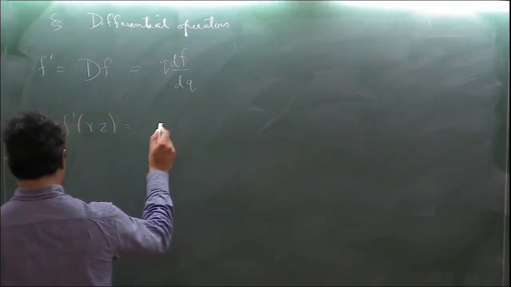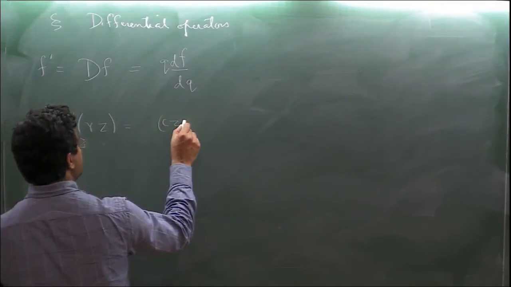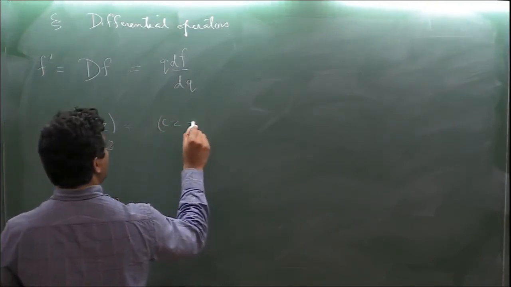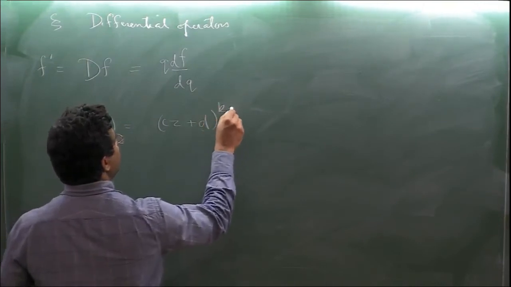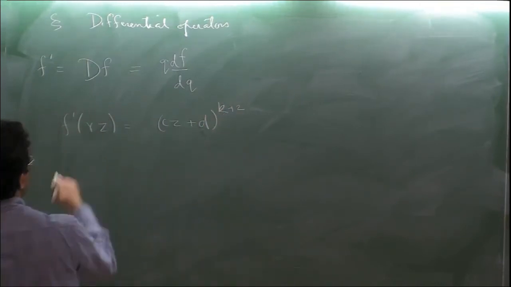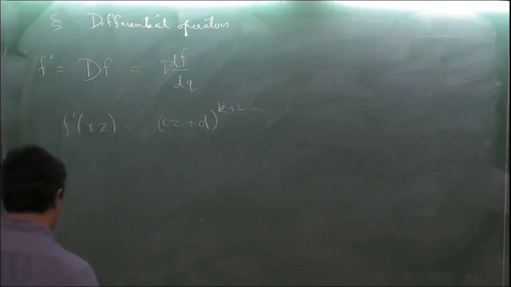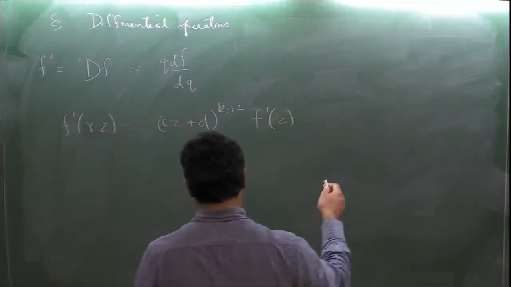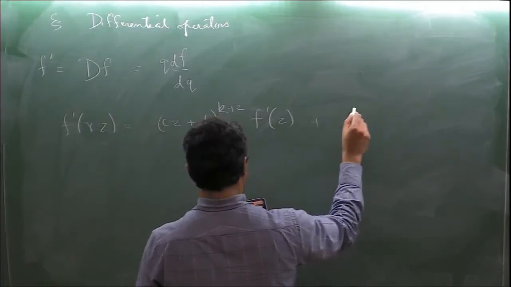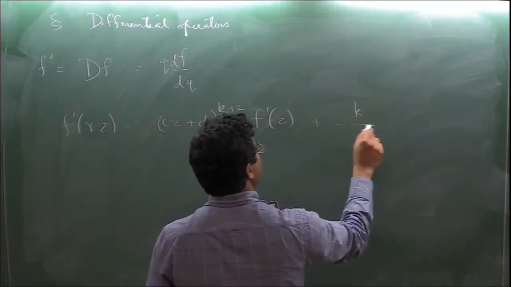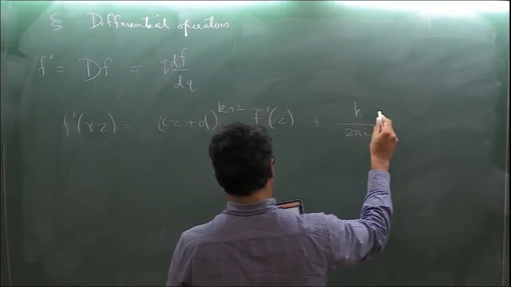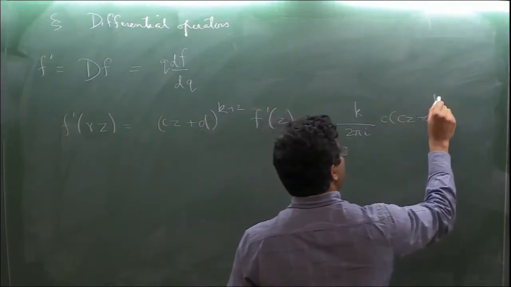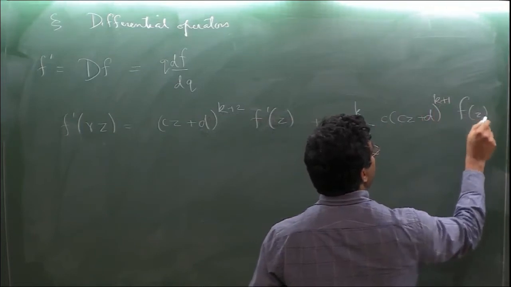So if f is a weight k modular form, the weight gets shifted to k plus 2, and some funny term is added: 2 pi i c (cz plus d) to the k plus 1 f of z.